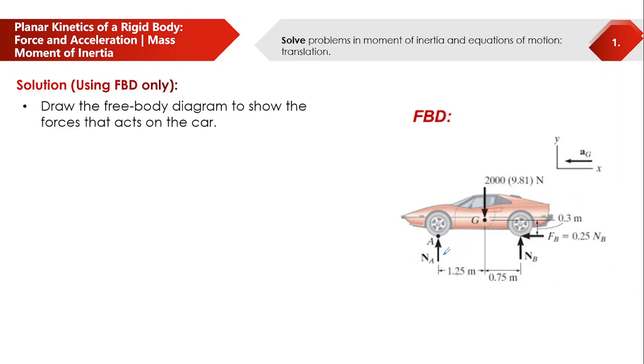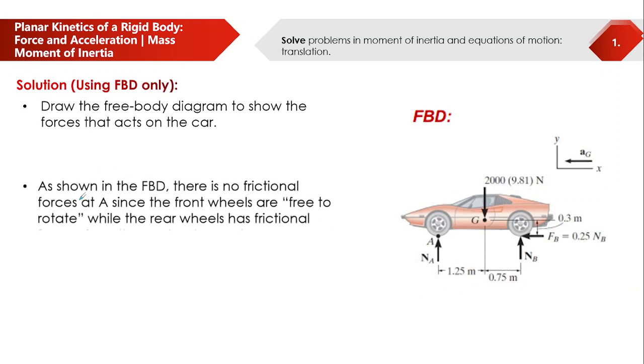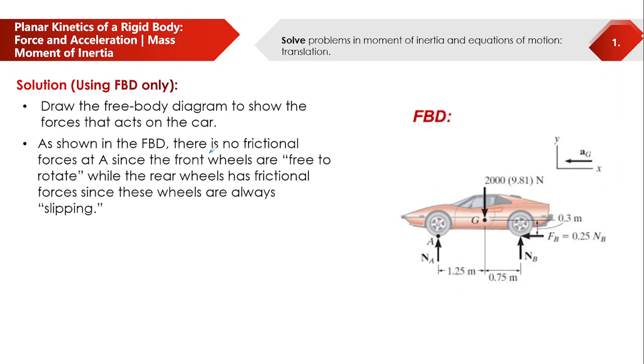Okay, so we have four forces acting on the car: normal force at A, normal force at B, friction force at point B, kasi nga ito lang yung nag-slip, ito is free to rotate lang, and then our weight. As shown in the FBD, there is no frictional force at A since the front wheels are free to rotate, while the rear wheels have frictional force since these wheels are always slipping.